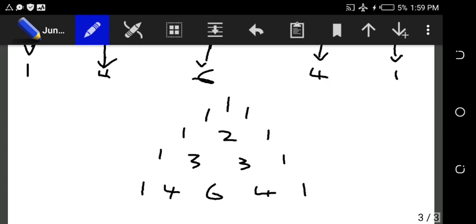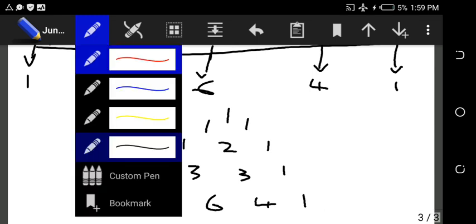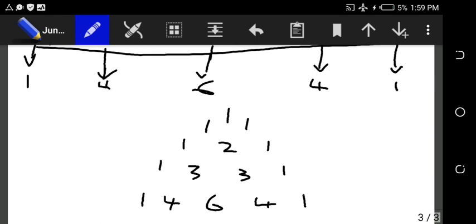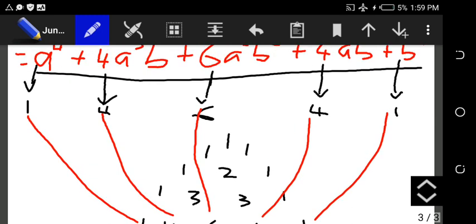Can you see something? Now these coefficients that we have here, remember that we wrote them out. That is all this. Look at the 1 here, look at the 4, look at the 6, look at the 4, and look at the 1. So what are we seeing?